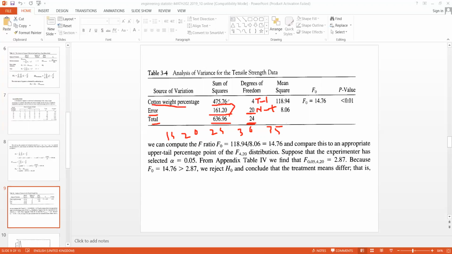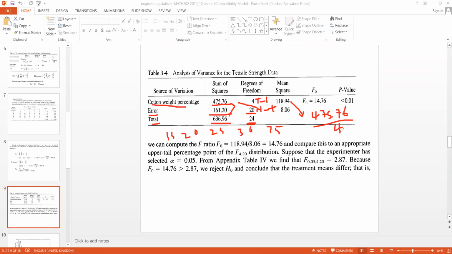Then once you're done, the next step is to find your mean squares. Like I told you, the MS treatment is given by the SS treatment, which is 475.76, divided by your degrees of freedom, which is 4.